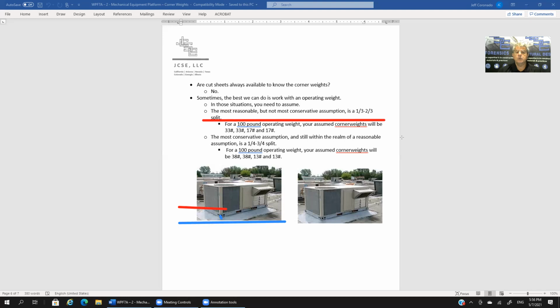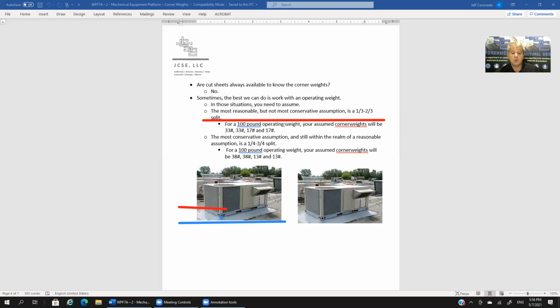The most reasonable, but not the most conservative, assumption is a 1/3, 2/3 split. So we can assume that the center of mass is 2/3 of the way over from the end of the unit. In an example, let's say we look at a 100-pound operating weight unit.